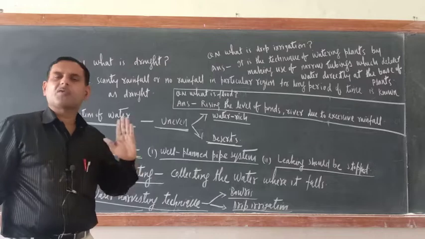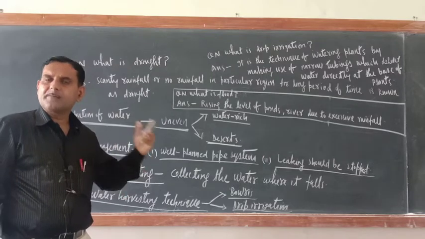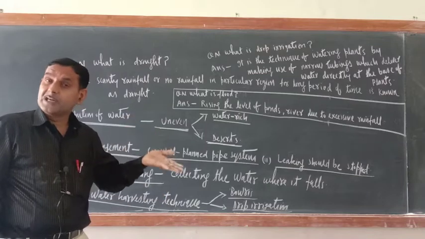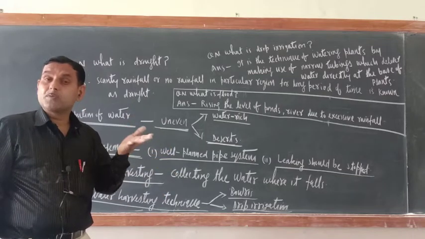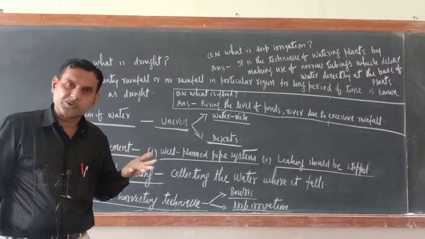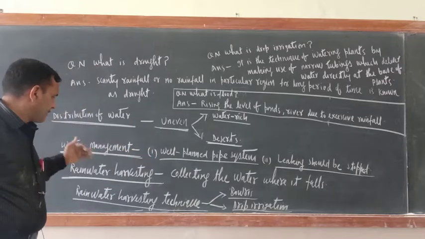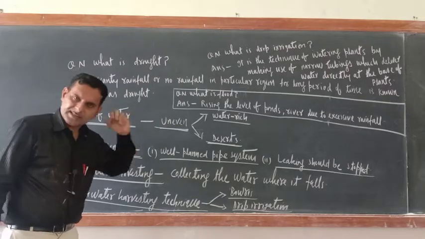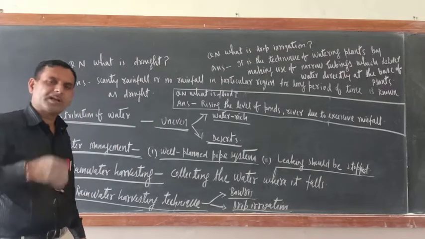If that rainwater is collected, it can be utilized for recharging the groundwater, and even if it is filtered, it can be used for drinking purpose also. So the meaning of rainwater harvesting is collecting the water where it falls. That is the rainwater harvesting technique.